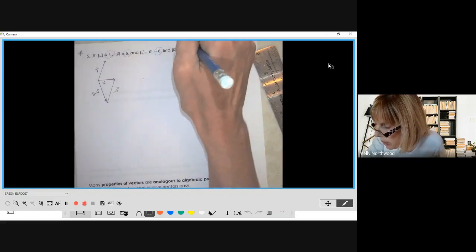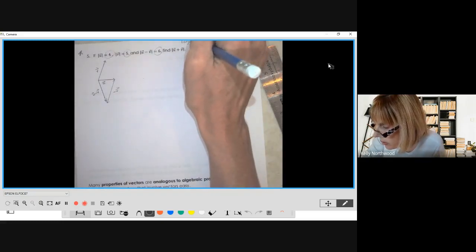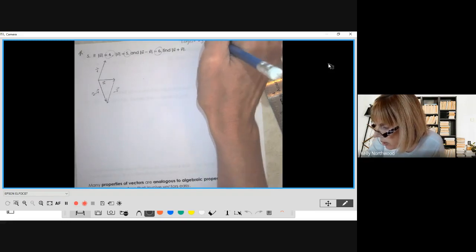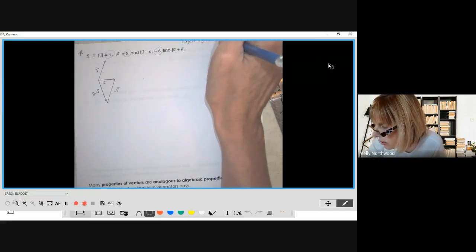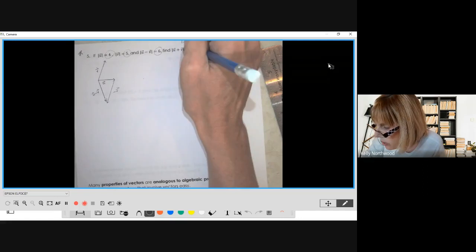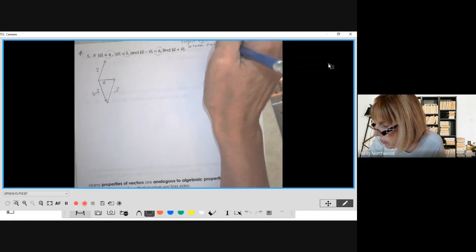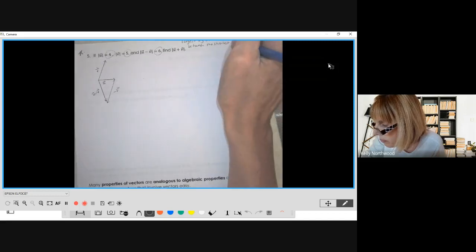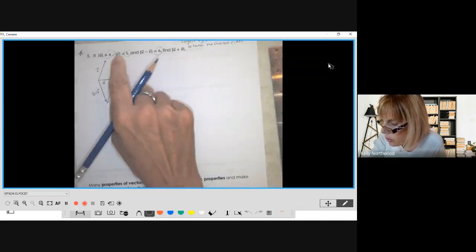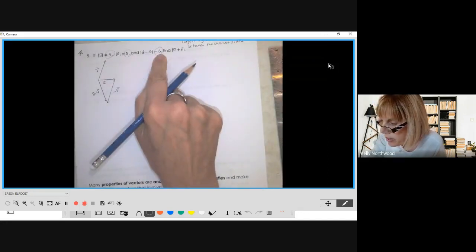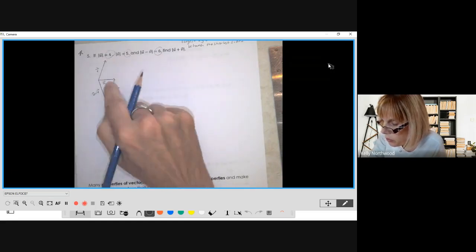So if you don't remember that, let's write that down. Largest angle is always between the two shortest sides if we're talking about a triangle. So 4 and 5 are smaller than 6, so the largest angle is going to be between 4 and 5.